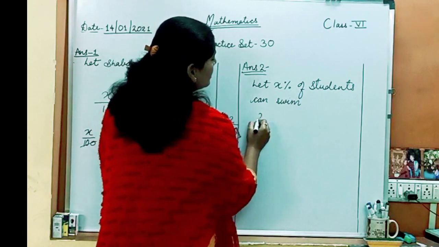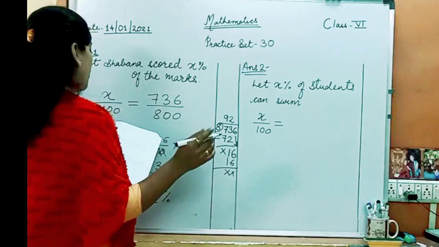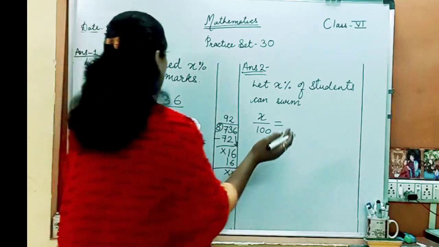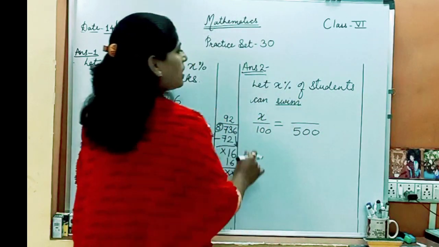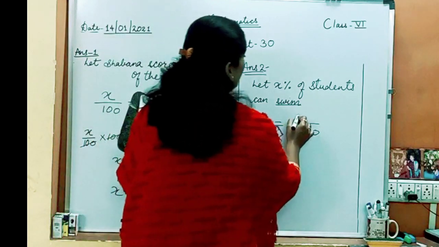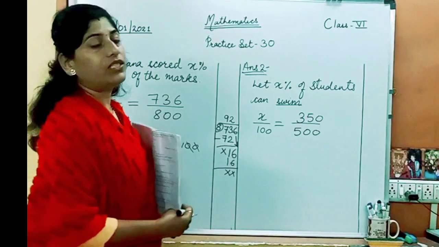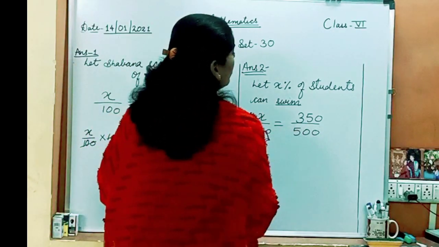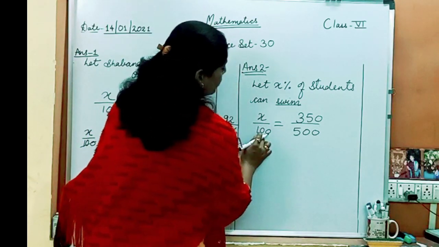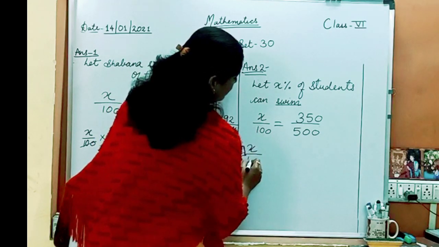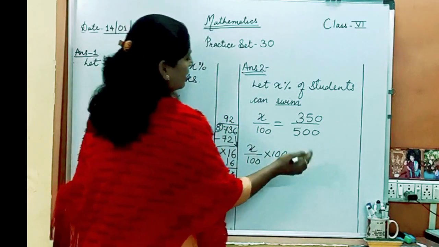Okay. X% means X upon 100. To find out the percentage, out of how much? 500. The total number of students is 500, from which how many students can swim? 350. Yes. To find out the percentage, we will multiply 100 with both sides, the left hand side and the right hand side. Why? To cut this 100, we multiply 100 to the left hand side and the right hand side.